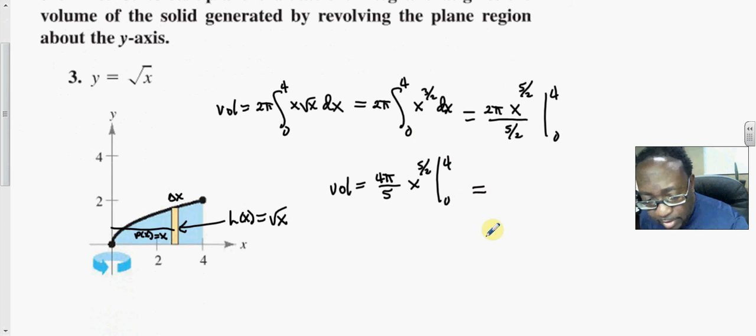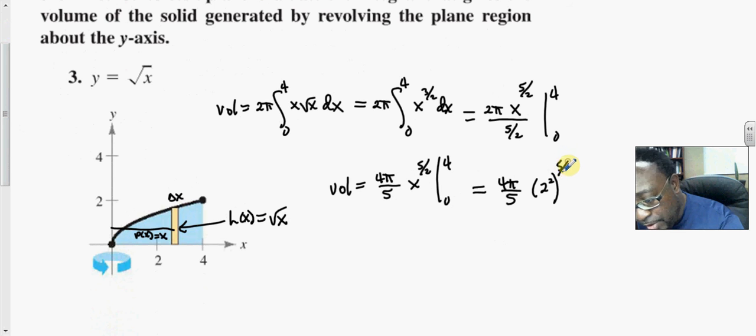And so this gives us 4 pi over 5 times 4, which is 2 to the second, raised to the 5/2 power. And that's minus, you evaluate this term at 0, so you get 0. So we get the volume. Now that's 2 to the second raised to the 5/2.